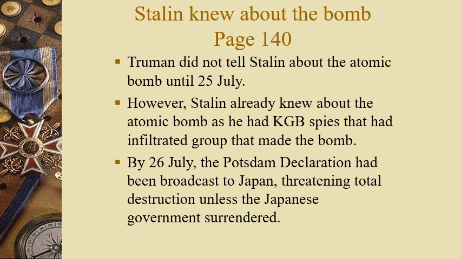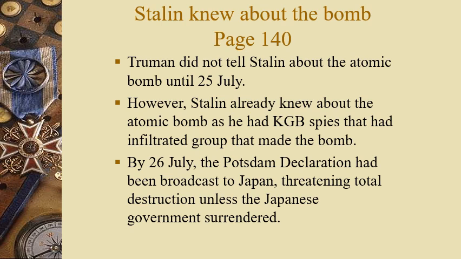And this made Stalin very unhappy because you need to understand he had been fighting with the Allies for 6 years in the war against the Germans and then obviously against the Japanese and the Italians, and he felt betrayed to a large extent that the Americans did not trust him with the information that they had now successfully built an atomic bomb.